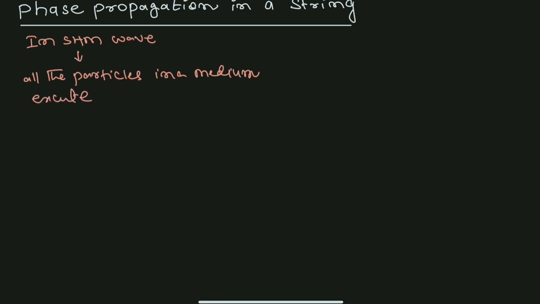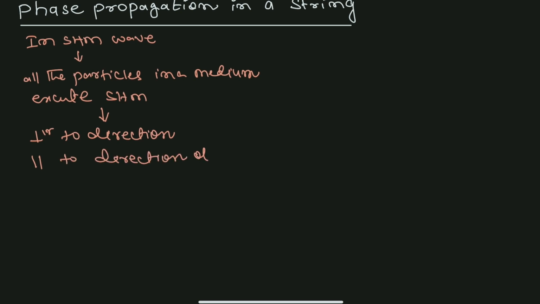The SHM may be perpendicular to the direction of propagation, or parallel to the direction of propagation. So this is also the same here, perpendicular to the direction of propagation.